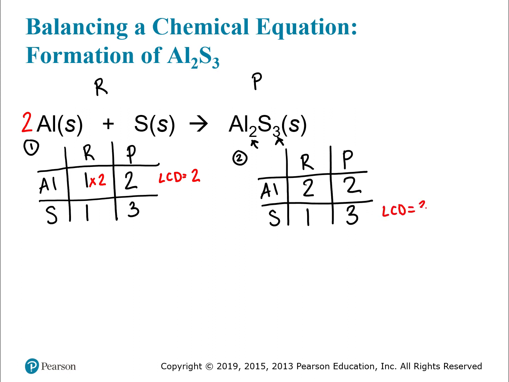Lowest common denominator is going to be 3. Multiply the reactant side by 3 to get there. Put a 3 in front of everywhere you see that sulfur, which should only be 1 compound. If you have the same element over 2 different compounds, it's a whole different ball game, much more difficult to balance. Not going to throw that at you.